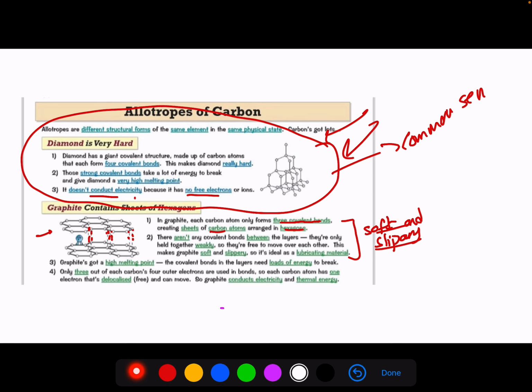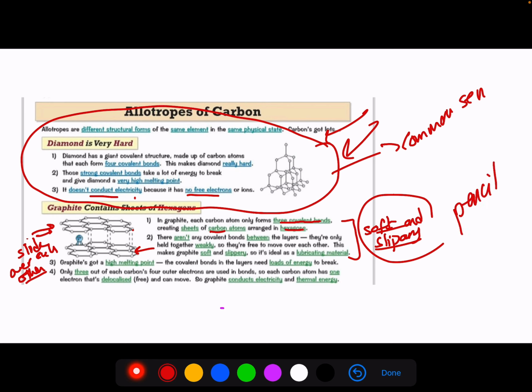These weak forces between the layers allow the layers to slide over one another, which makes graphite soft and slippery. By the way, guys, graphite is used to make pencils. That's why when we write using pencils, it slides over the paper.